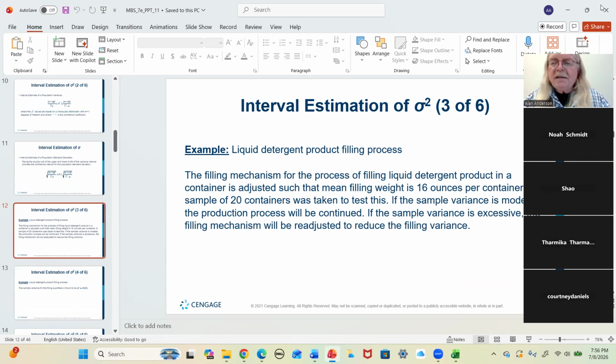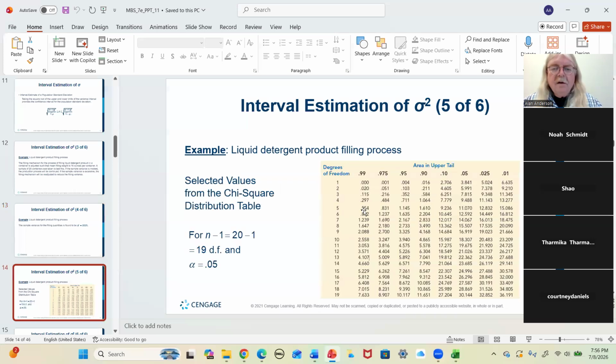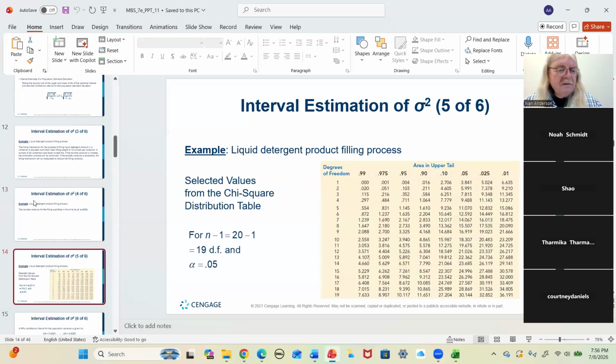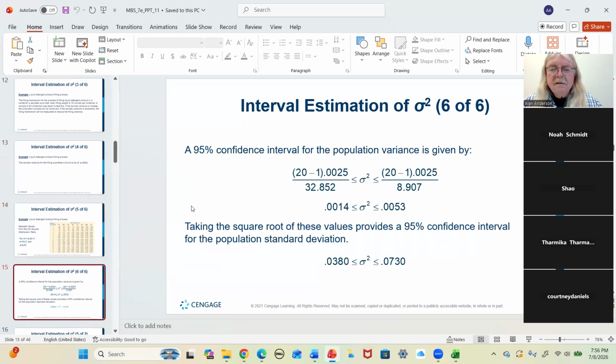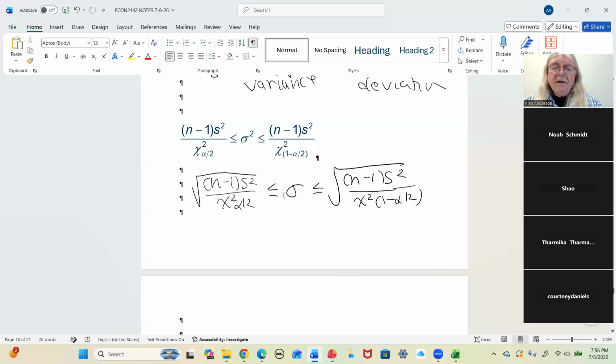Liquid detergent process, a product filling process. The filling mechanism for the process of filling a liquid detergent is adjusted so that the mean weight is 16 ounces per container. Now, normally that would be a huge deal.